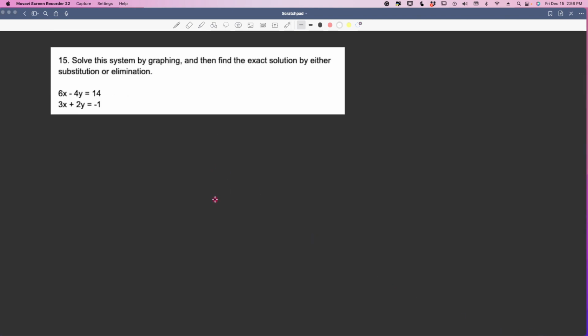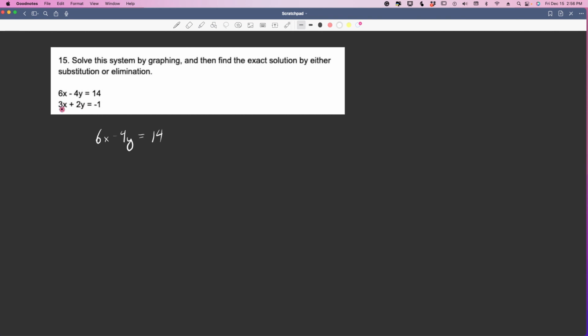Here is another 88%er. We were supposed to solve this by graphing and then find the exact solution by either substitution or elimination. We're going to skip the graphing and just go ahead and do elimination because I see something I can easily do. So I'm going to multiply the bottom one by 2 as I write it down.